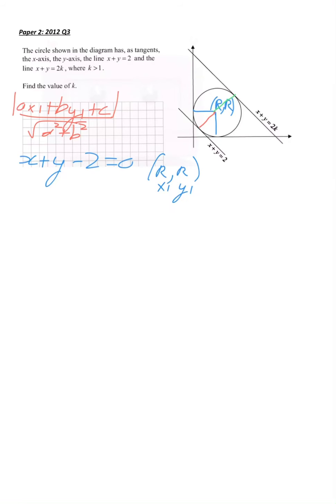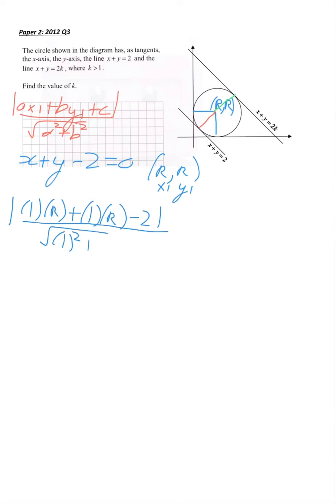So let's put these values into the formula now. a is going to be 1 times x1, so times r, plus b, which is 1, times y1, so 1 times r, plus c, so minus 2, all over the square root of a squared plus b squared. It's going to be 1 squared plus 1 squared.